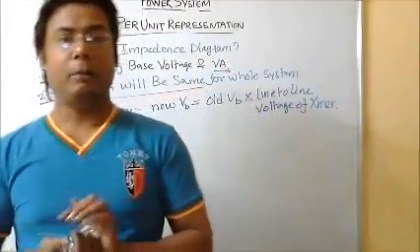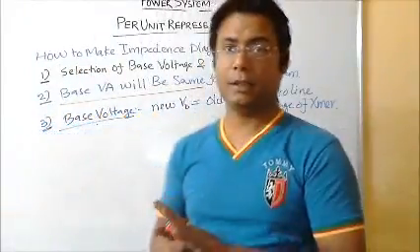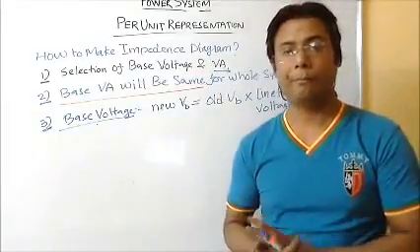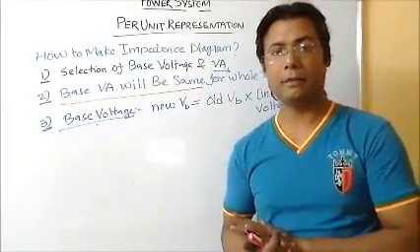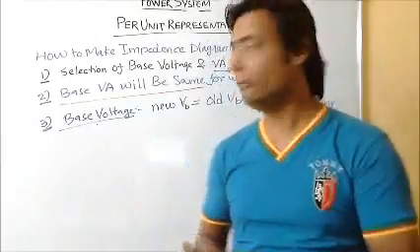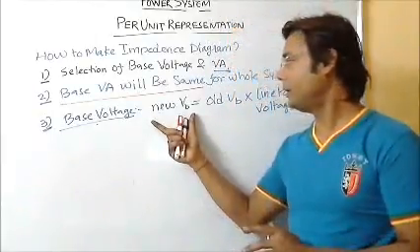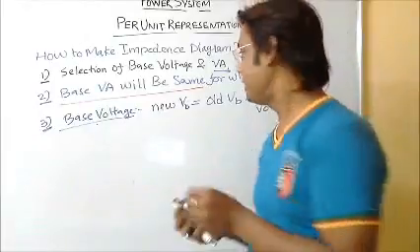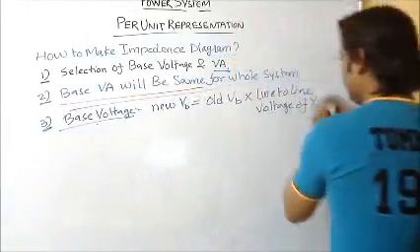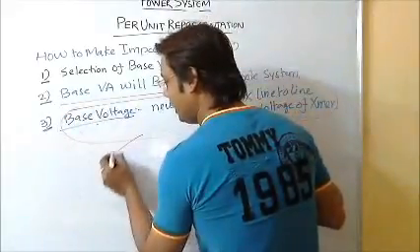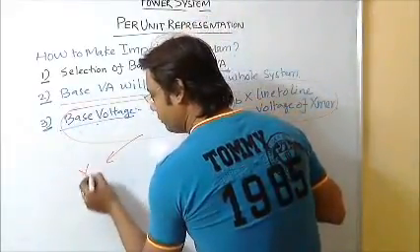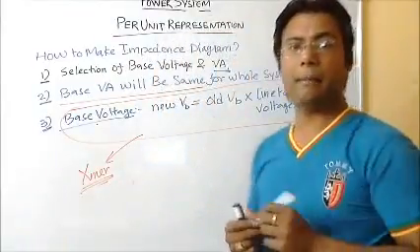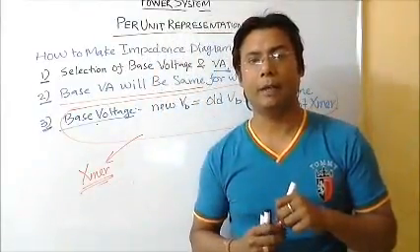This is a very important point in changing of a base from one base voltage to another, that is the new VB, when a transformer comes. This happens because a transformer is coming in between a line.